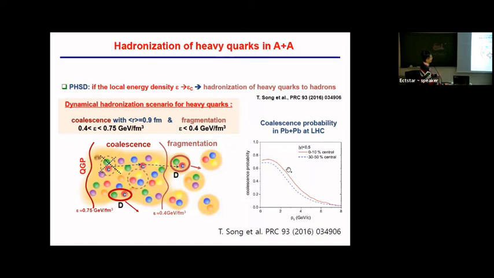The red line is 0 to 10% central collision, and the blue line is 30 to 50% central collision, and we can see the reduction of coalescence probability. And if the collision is peripheral or extremely peripheral, then this coalescence probability will be lower and lower, and it smoothly converges to pp collision.